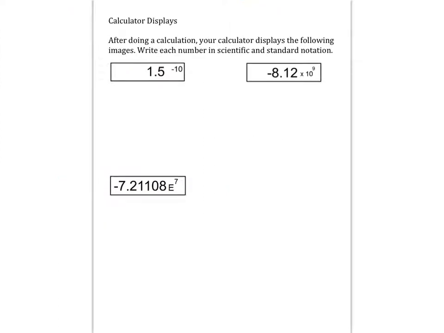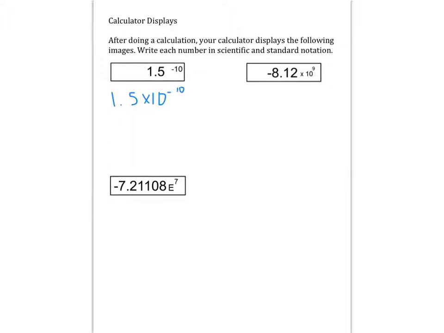All right, now we're going to talk about some different calculator displays. So after doing a calculation, your calculator may display the following images. We'll write each number in scientific and standard notation and determine what your calculator would be telling you based on what you see here. So with this first example, 1.5, negative 10. That really means, in scientific notation, 1.5 times 10 to the negative 10th.